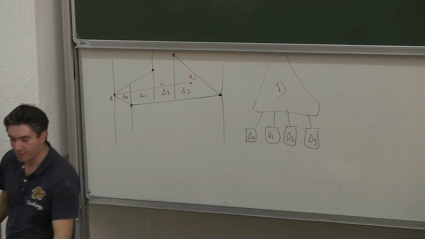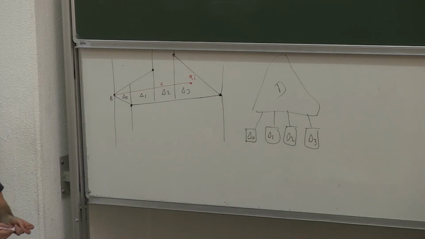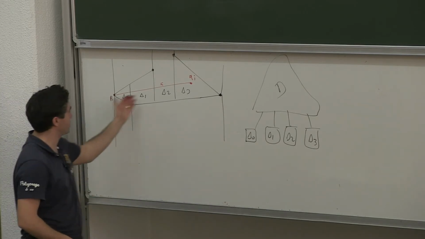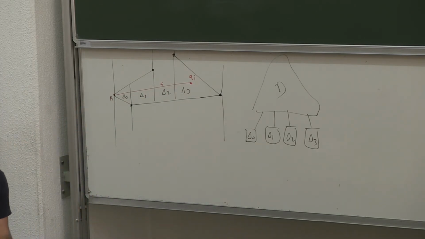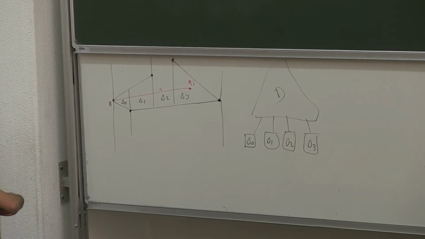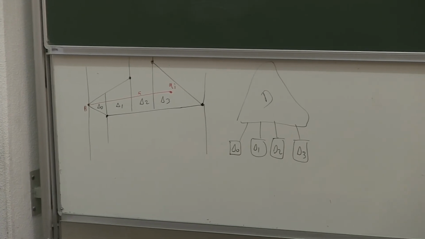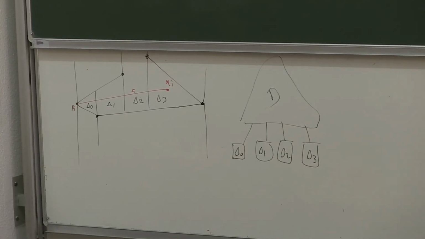Now, in the algorithm, what I do is I remove these leaf nodes first. So these trapezoids are going to be changed, and I'm going to add new trapezoids. And they are going to be like this.